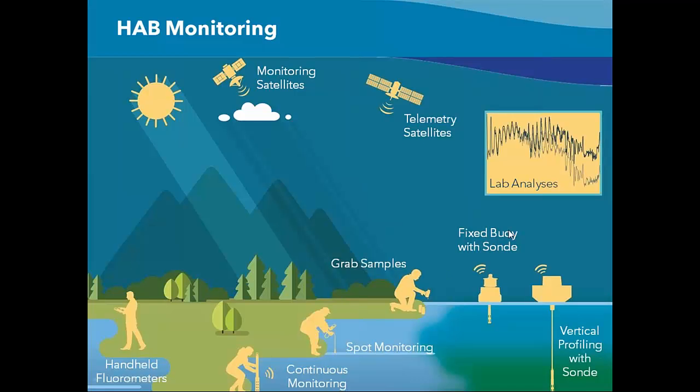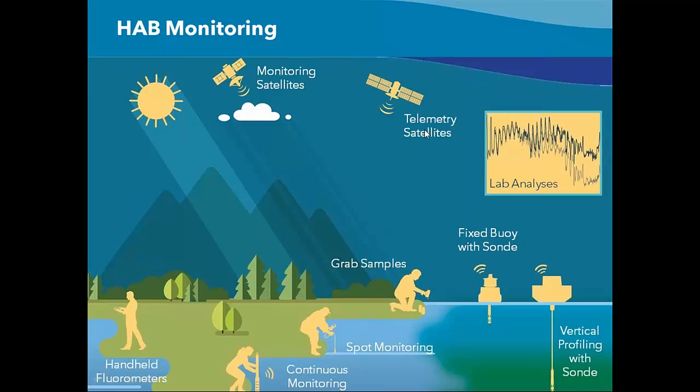So this slide is a beautiful picture that a friend of ours at YSI, Patrick Beatty, made for me, capturing many different tools, from really inexpensive but really handy handheld fluorometers that only measure chlorophyll or phycocyanin, to more sophisticated tools such as some of the multiparameter monitoring instruments that we sell at YSI, and even some of the bigger systems like fixed buoys with a sonde or a vertical profiler, and even really sophisticated technologies that people like NOAA are using to monitor harmful algal blooms.